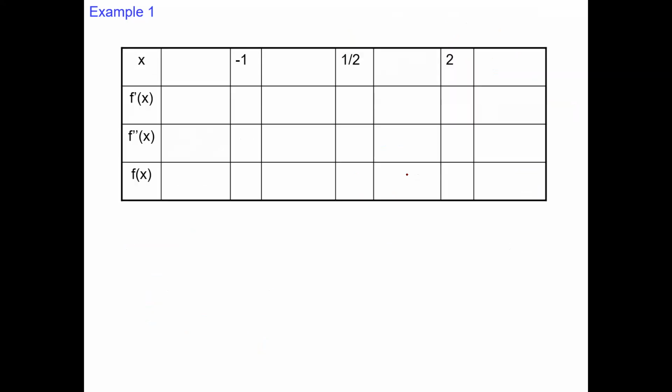But let's do it. This will be an interval from negative infinity to negative 1, between negative 1 and 1/2, between 1/2 and 2, and from 2 to infinity. Of course, negative 1 and 2 were the zeros of the first derivative. 1/2 was the zero of the second derivative.